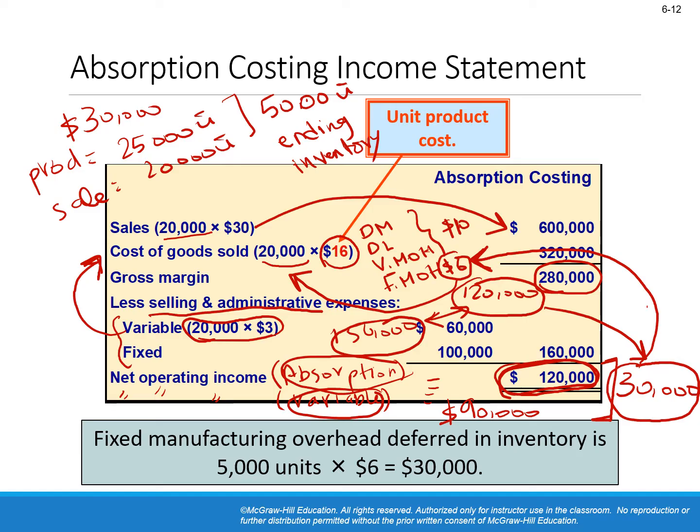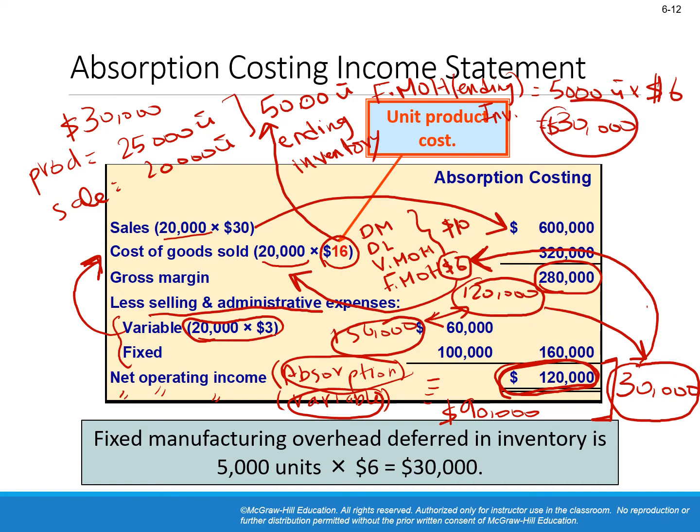Each one of these units has $6 in fixed manufacturing overhead. So fixed manufacturing overhead for this ending inventory is equal to 5,000 units multiplied by $6, which is equal to $30,000. And this is the difference between the net operating income between absorption and variable.